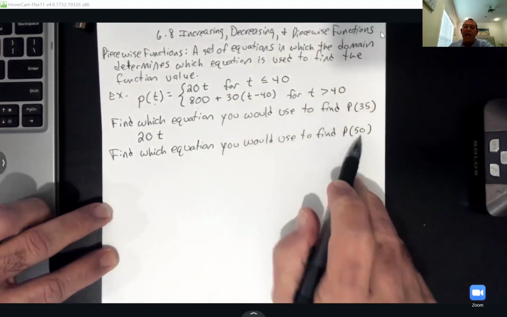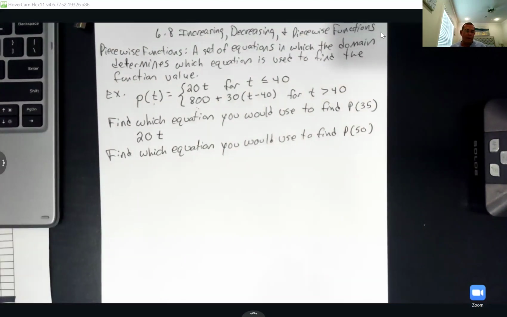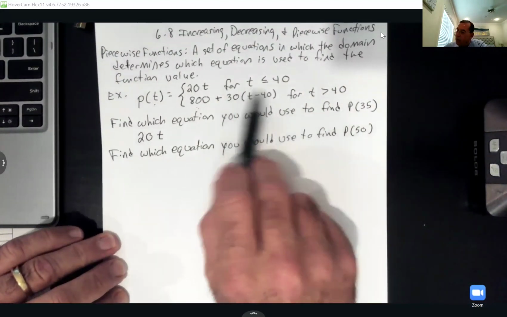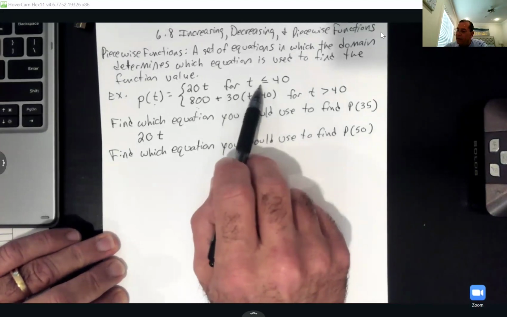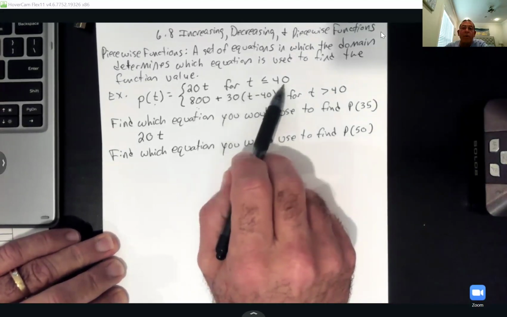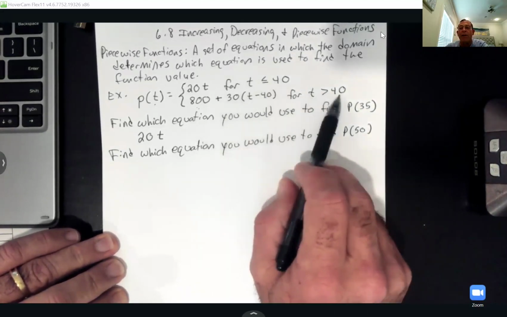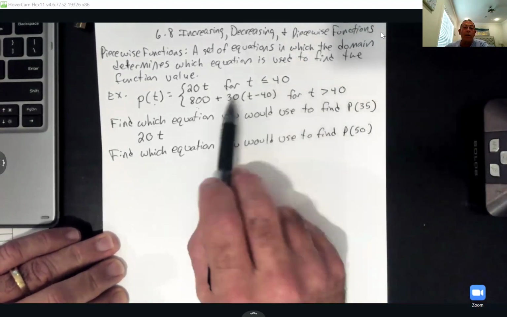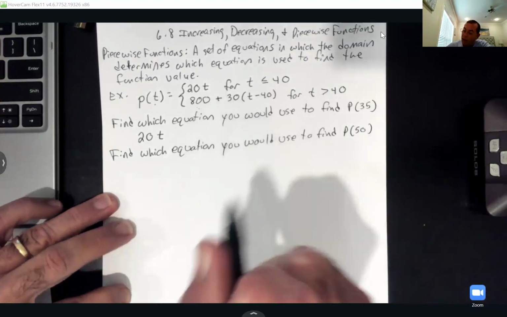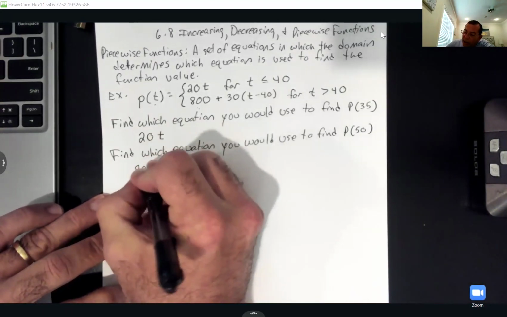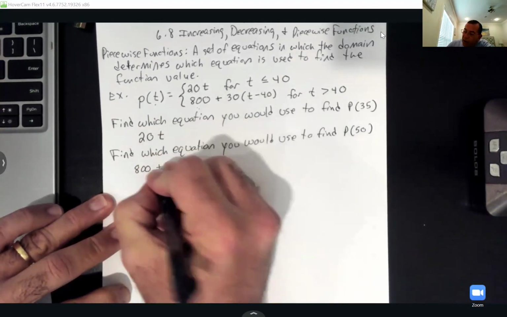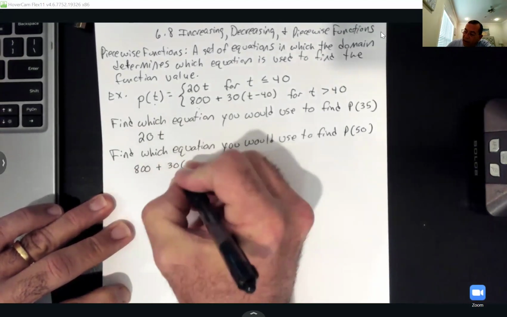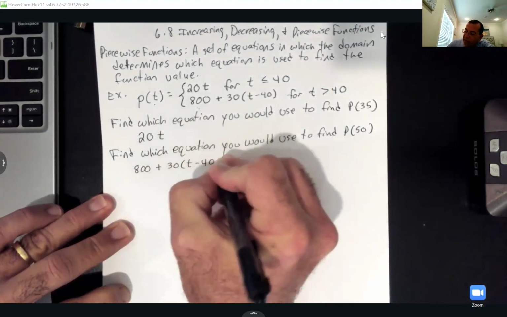So if you work 50 hours that week, well, y'all, I would look at my domains again. 50 is either going to be less than or equal to 40, or it's going to be greater than 40. So this time, since 50 is greater than 40, I would use the second equation, which would be the 800 plus 30 times the t minus 40.